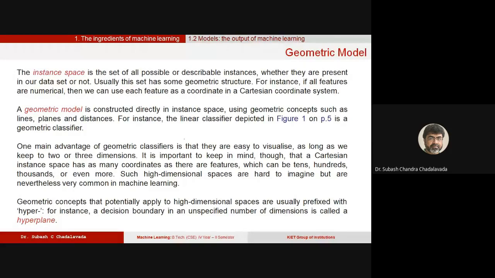Now, if you did not understand instance space, I'll give you an example. For example, if you consider emails, your inbox has, say, around 1,000 emails, right? Out of 1,000 emails, you want to know how many emails your friends are sending, right? Personal emails.